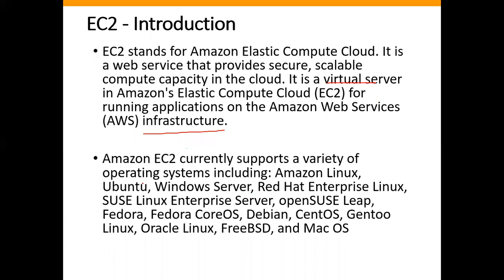And what type of operating system machines can I create under Amazon EC2? Amazon Linux, Ubuntu, Windows, Red Hat, SUSE, even Mac, and Oracle Linux also. So we have a very wide range of operating systems which AWS is providing us.